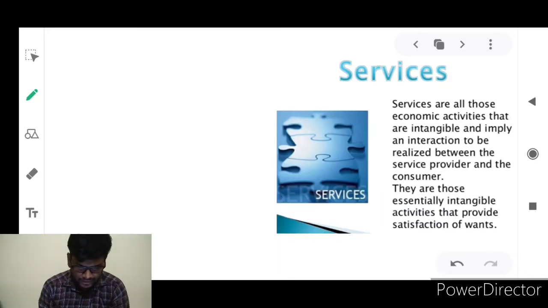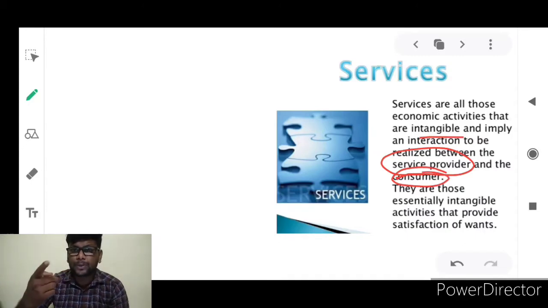So services are all those economic activities that are intangible, a very important word, intangible, and imply an interaction to be realized between the service provider and the customer. So it is dealing between service provider and customer.